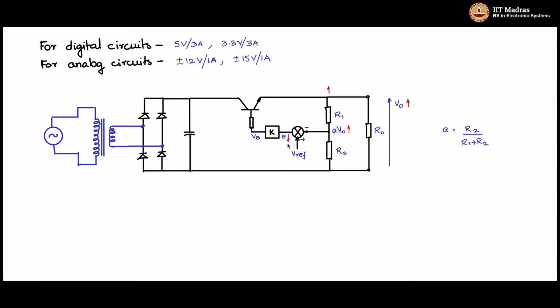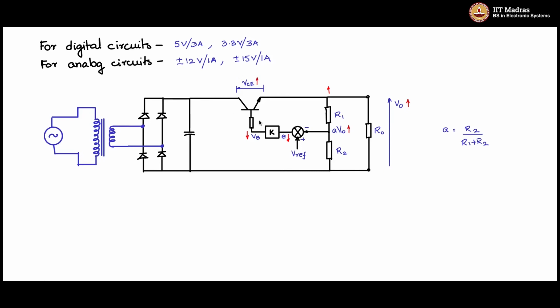So E reduces, and this gets passed through the gain. VB will reduce, and once VB reduces, the drive to the BJT reduces, and the voltage across this BJT, VCE, because the drive has reduced, VCE will increase.